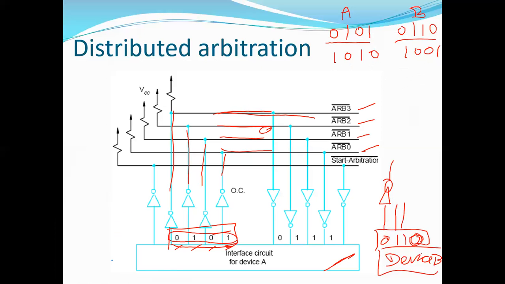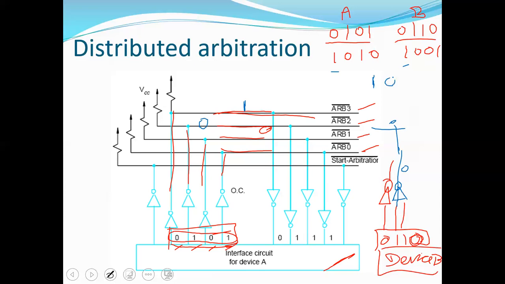Here at the MSB both are 1. We are considering only two devices, so the value in that bit is 1. For the next line, 0 is coming here, and after the NOT gate this also gives 0, so it is 0 in this particular lane.